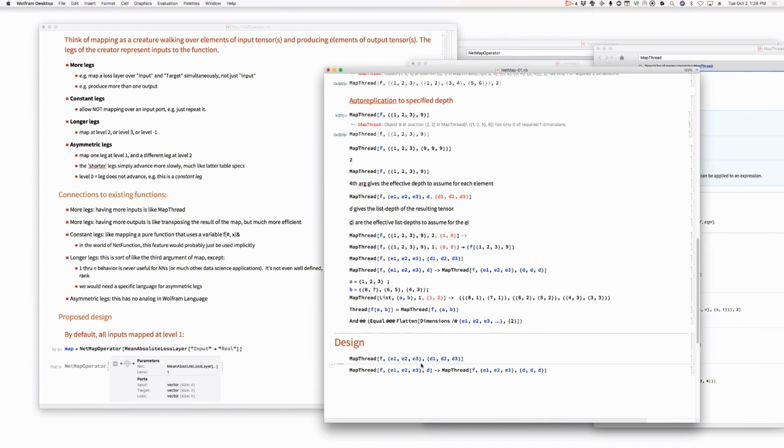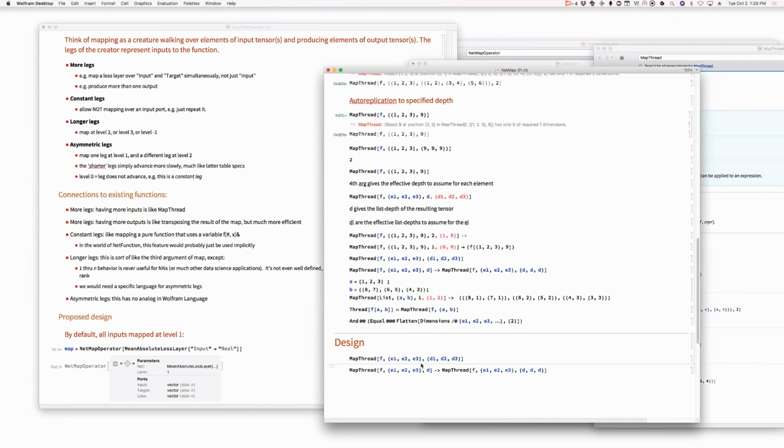Ultimately, the tensor you produce is of size max of the D sub I. Exactly. So it is the deepest D.